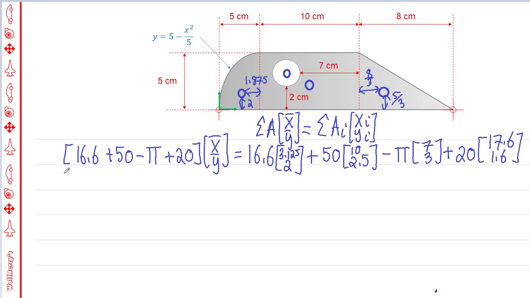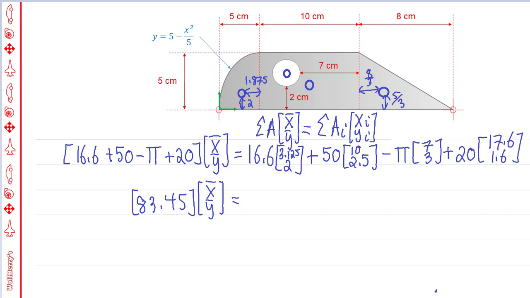Now, let's continue with the equation. First of all, let's find the total area here. The total area is 83.45. X bar, y bar equals, with these vectors, all we do is multiply the vector by the number. So this number here times x, this number here times y, x, y.